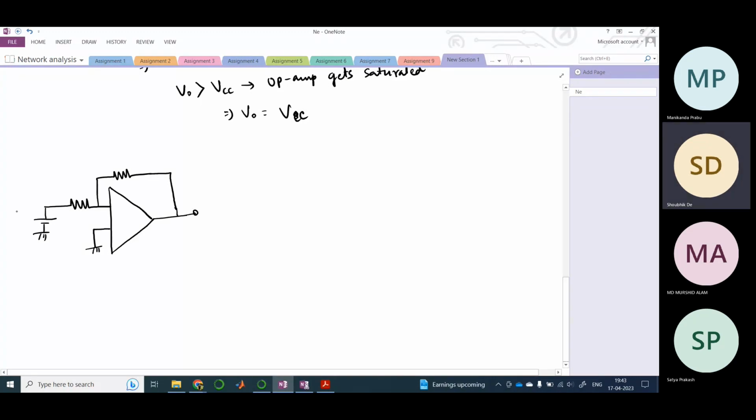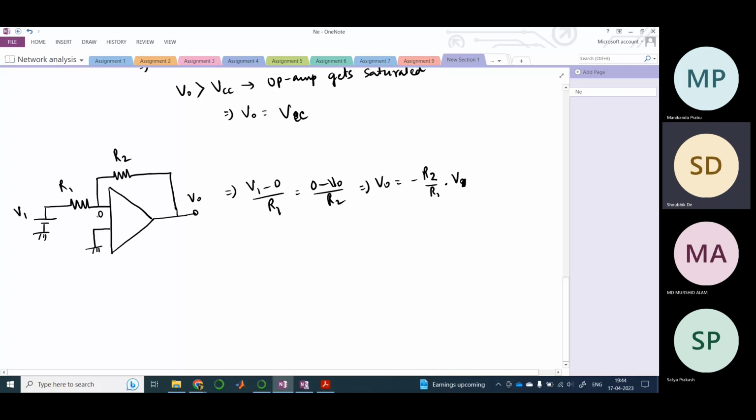Let this be V1. This is grounded. This is R1, R2, V0. So the potential here would be 0. Therefore, V1 minus 0 by R1 equals 0 minus V0 by R2, right? So V0 would be minus R2 by R1 into V1, right?